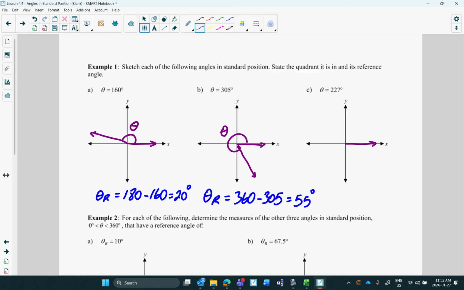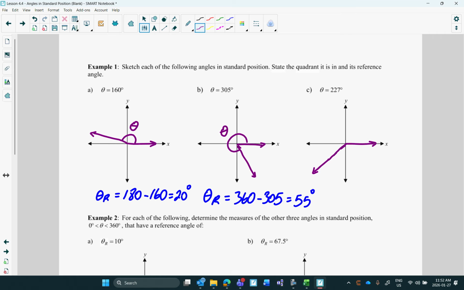Finally, 227. What quadrant? 3. Halfway is 180 plus another 45, because each quadrant is 90, right? So 180 plus 45 is 225, and we're slightly higher than that. If you just did this, you're fine, because you're asked to sketch them, not measure them exactly.